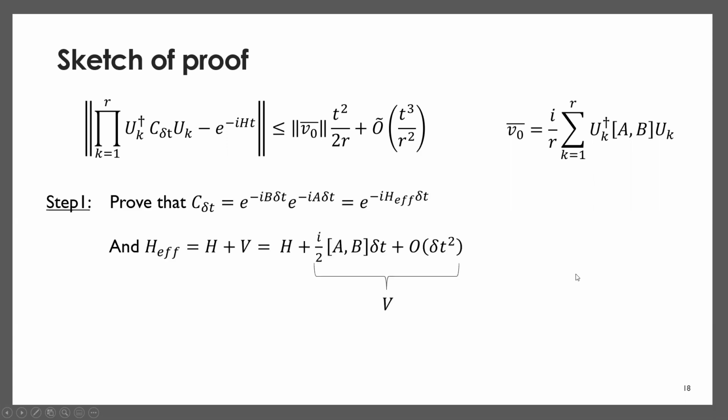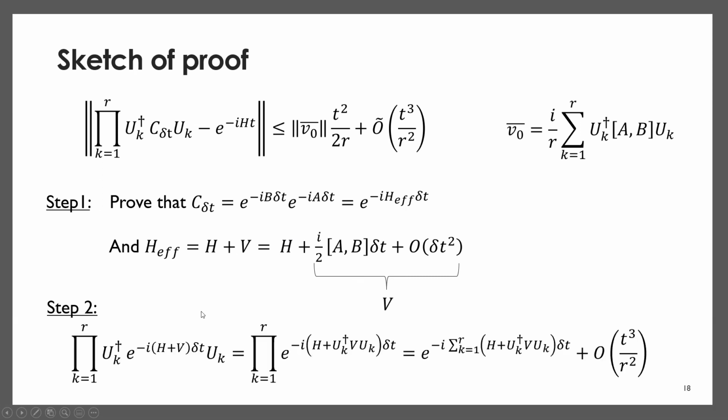In the first step, we're going to show that the evolution under this circuit C delta T can be generated by some effective Hamiltonian HF. More importantly, we want to show that this effective Hamiltonian has the form of the original Hamiltonian plus a term that is proportional to the commutator between the terms of the Hamiltonian.